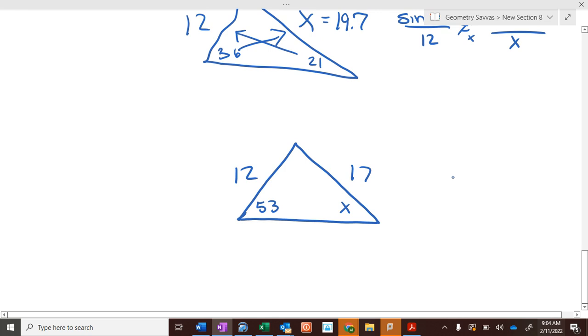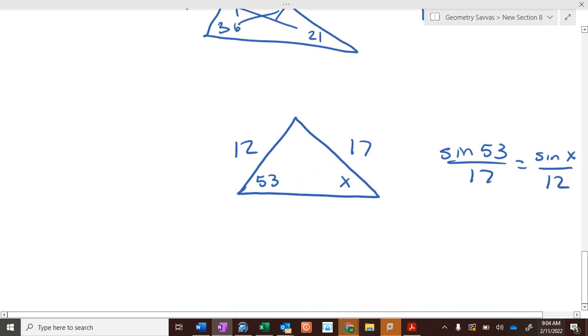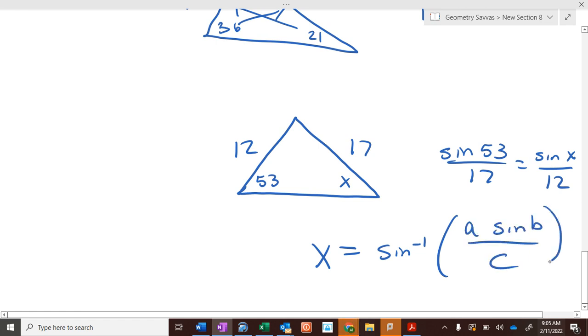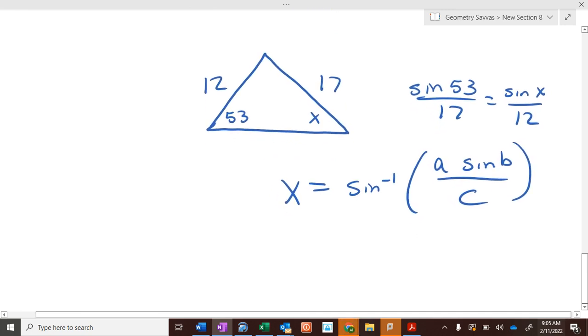What would I put over what? The sine of 53 over 17 equals the sine of x over 12. Now, if I said x equals the inverse sine of a times the sine of b over c, which numbers go in for a, b, and c?